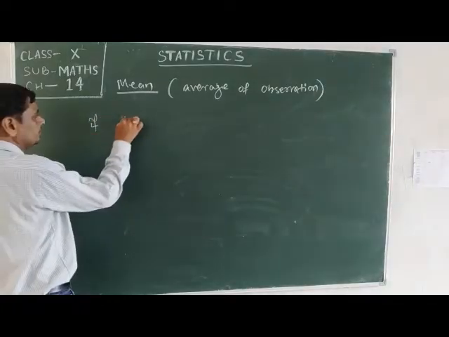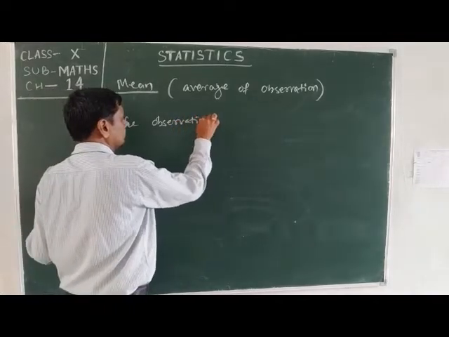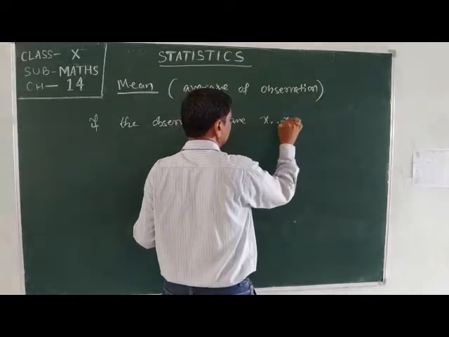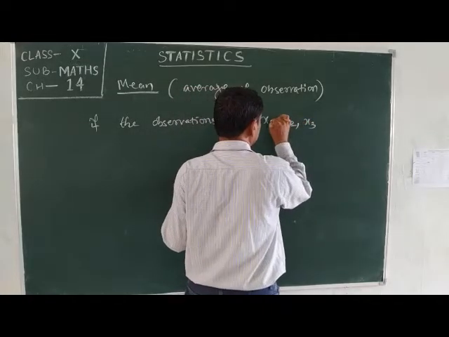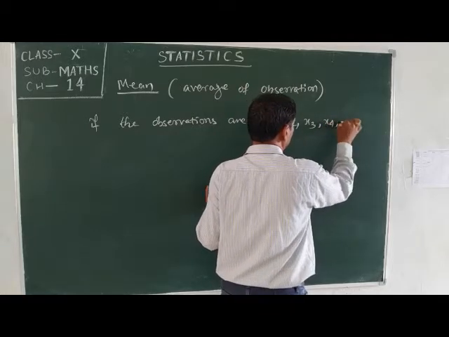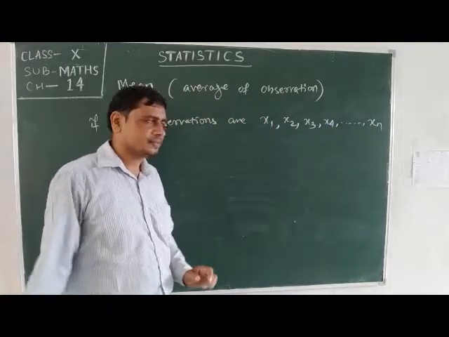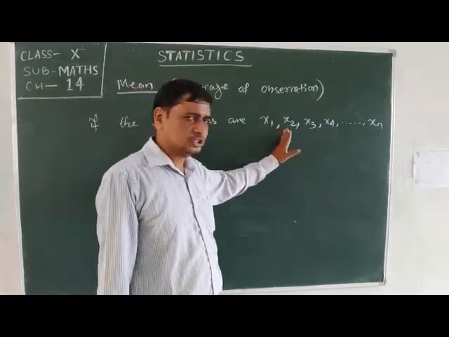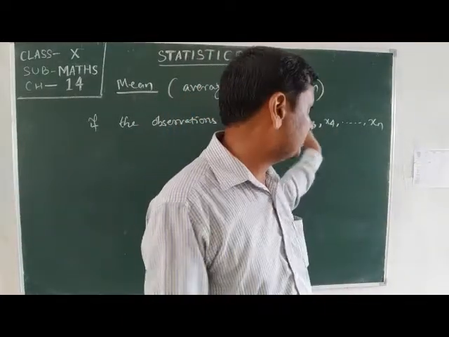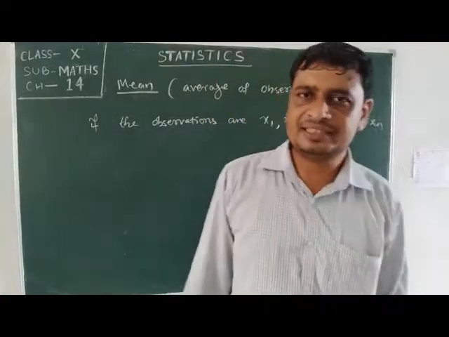Like, if the observations are x1, x2, x3, x4 up to xn, these are the observations. It is extended up to xn. n number of observations are there.